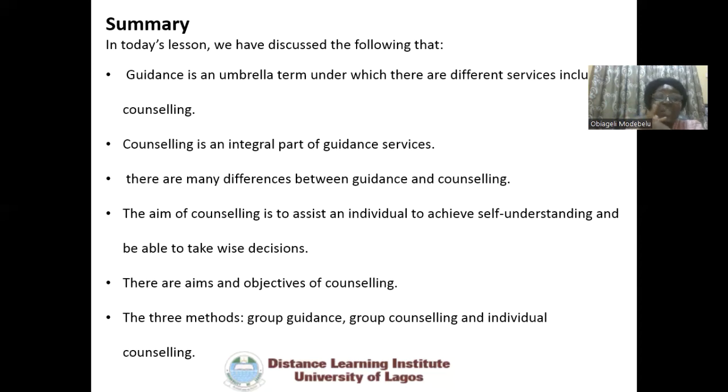We looked at the aims and objectives, which include to provide usable information to clients, collecting relevant and vital information about clients with which to help them, manipulating environment to help the client, and also helping the client to realize that he is loved by establishing sense of care and belongingness in the client, among others. We also looked at the three methods through which we provide guidance and counseling services to clients, which include group guidance, group counseling, and individual counseling.